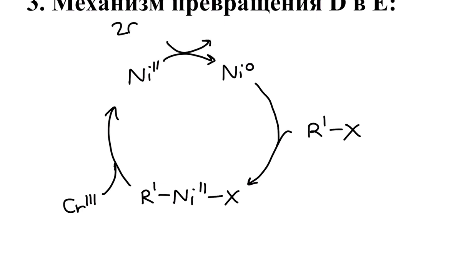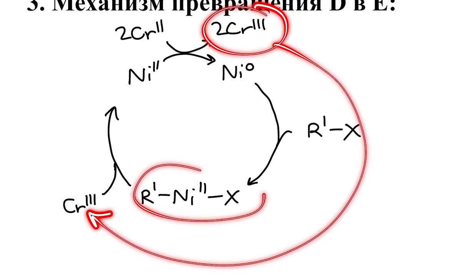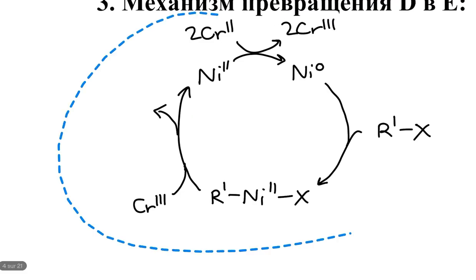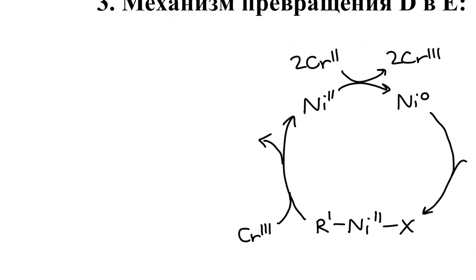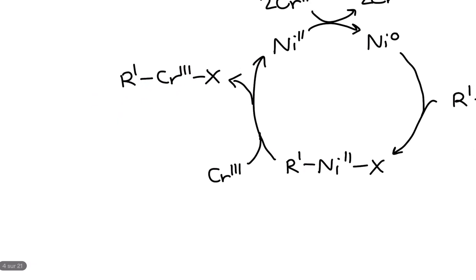So 2 of the chromium 2+ will be oxidized into chromium 3+, and then this chromium 3+ will transmetallate with our complex. So it will become this complex, which is just transmetallation, because we swapped our metals from nickel to chromium.